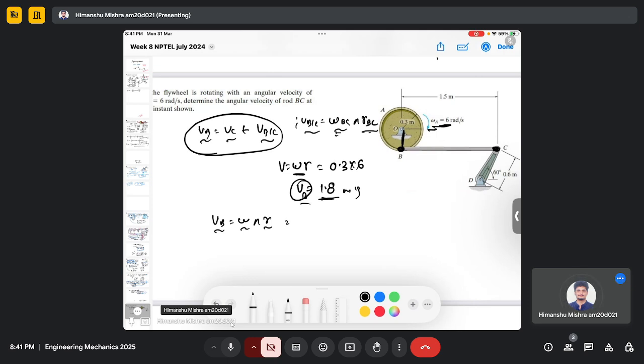So it is omega, which is 6k, in the clockwise direction, so it's minus 6k cross product with RB, which is 0.3j. So this is minus 1.8i meter per second. So this is my velocity vector at point P.